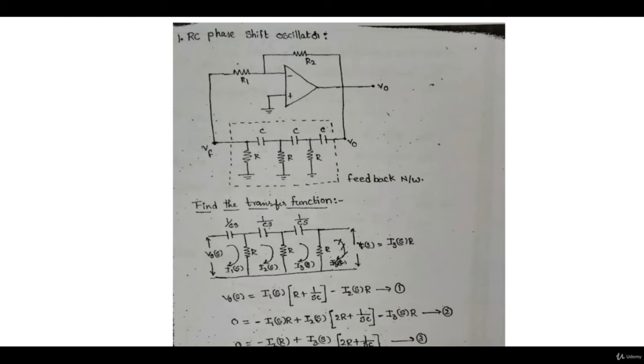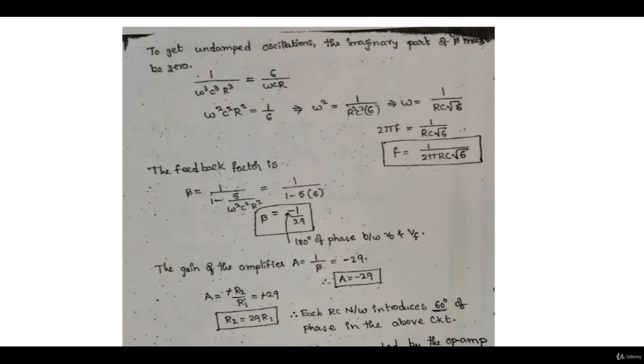So you can use the value of this R, okay, this R. So now you can see that R2 is equal to 29 R1, because it's an inverting amplifier, so minus R2 by R1, so minus minus will get cancelled. R2 should be equal to 29 R1. Okay, so this is how the flow will happen.